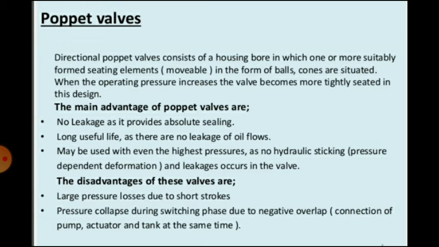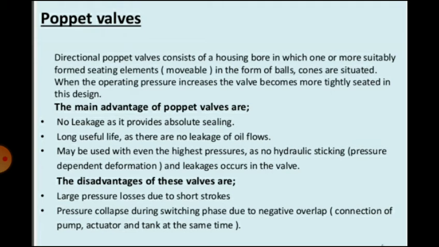Directional poppet valves consist of a housing bore in which one or more suitably formed seating elements, that is movable, in the form of balls or cones, are situated. When the operating pressure increases, the valve becomes more tightly sealed in this design.